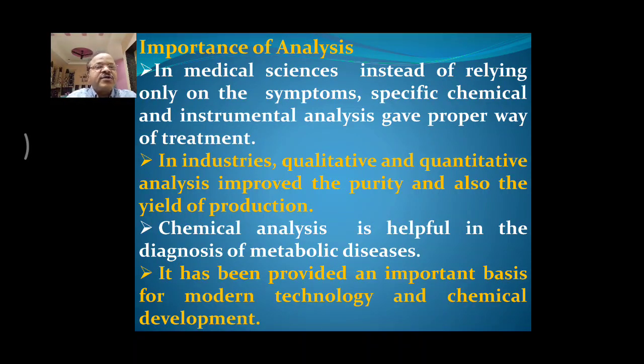In industries also, qualitative and quantitative analysis improves the purity and also the yield of production. The purity of an organic compound plays an important role, and every consumer gives importance to the purity. At the same time, he needs a higher yield of the product.